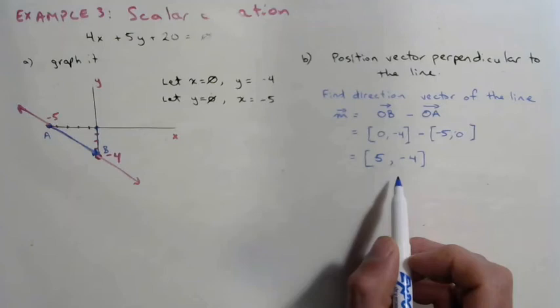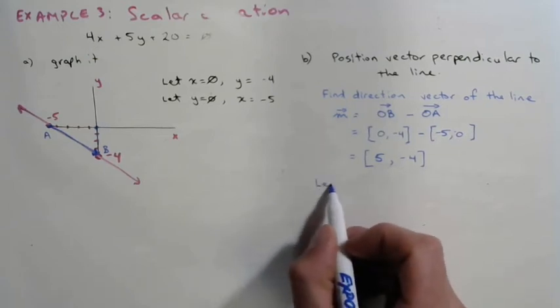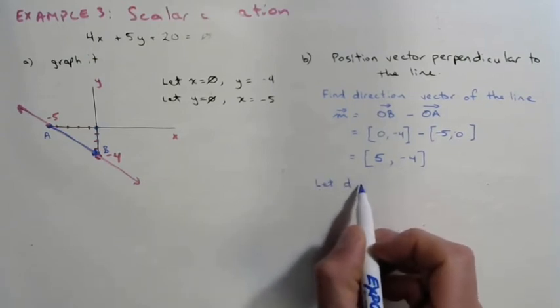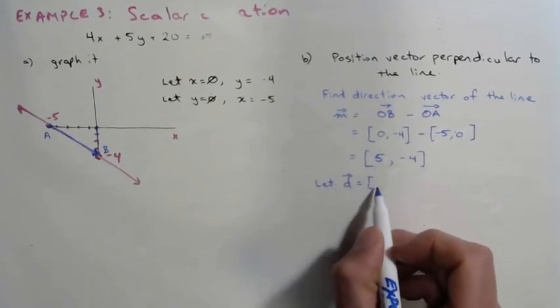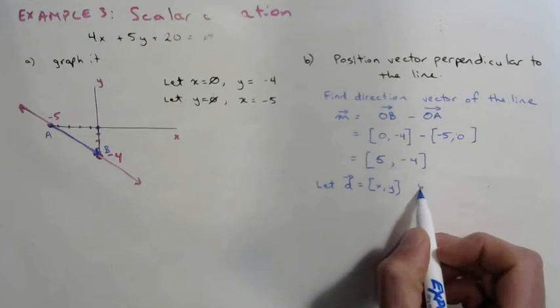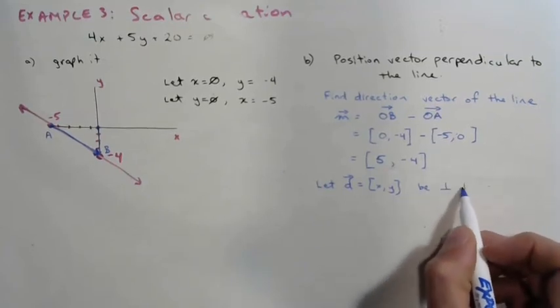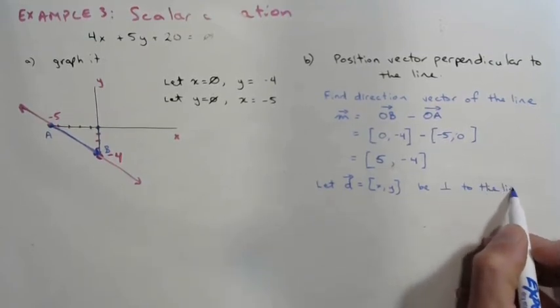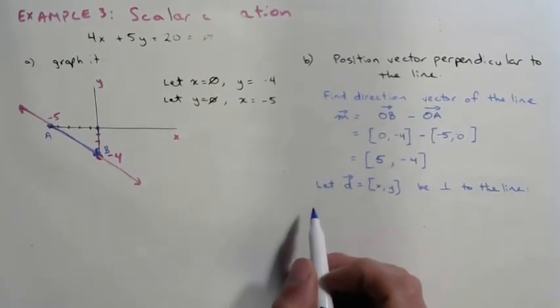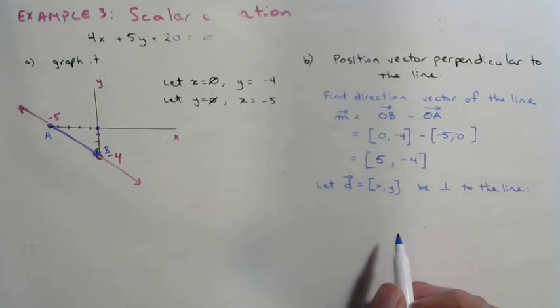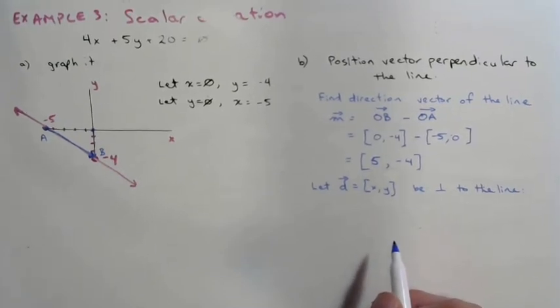So now, in order to find a vector that is perpendicular to this line, we're going to let D, which equals (x, y), be perpendicular to the line. And then we're going to take the dot product, and we know that when two vectors are perpendicular to one another, the dot product is 0.